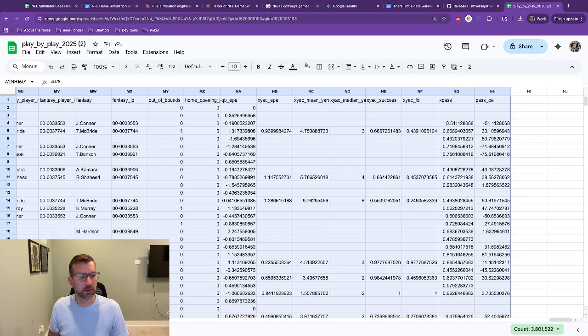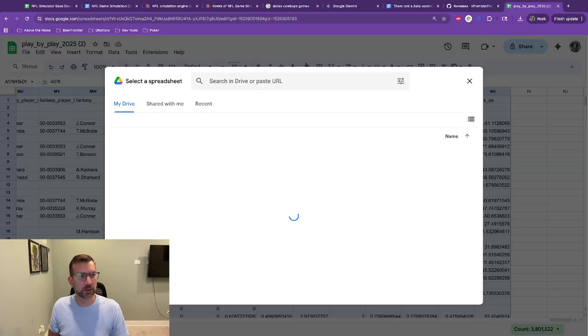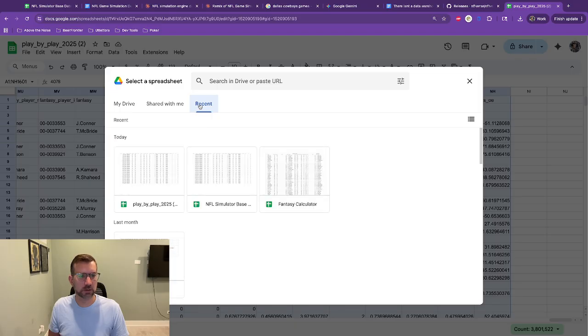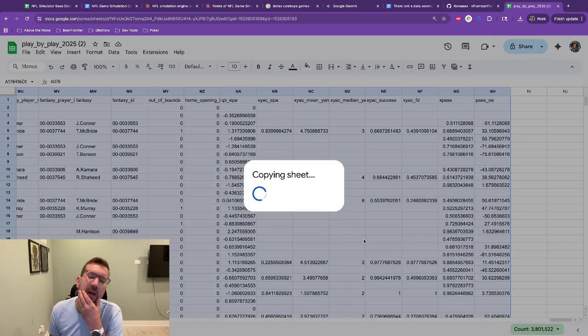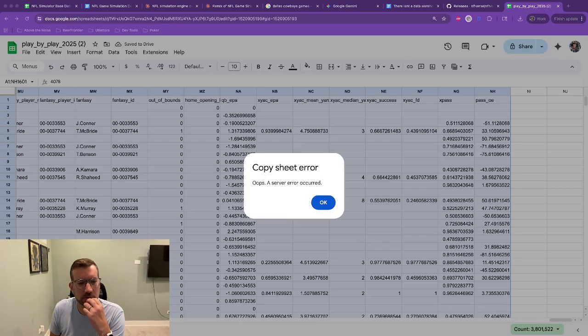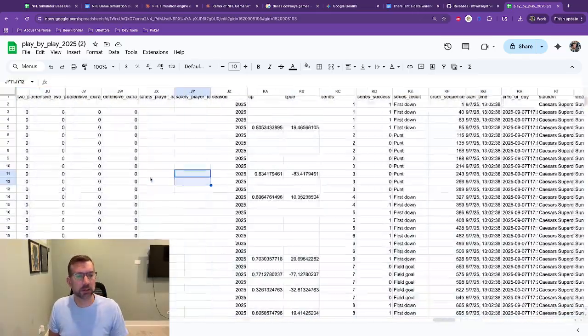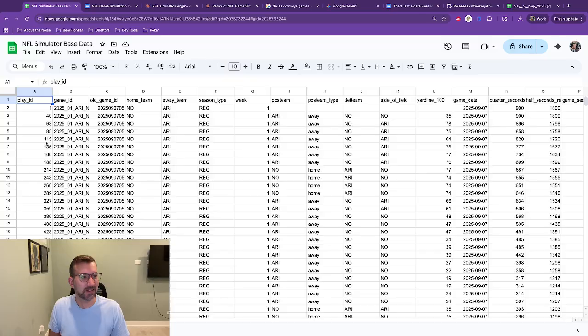Oh, well, that would do it. Maybe I just need to copy to existing spreadsheet, recent, simulator base, insert. Okay, copy paste the entire sheet. Maybe I do need to build a data pipeline here. Oh my god. You kidding me? Server error.